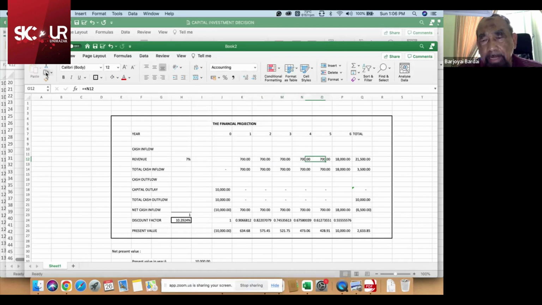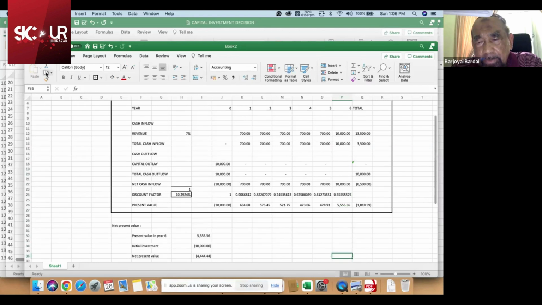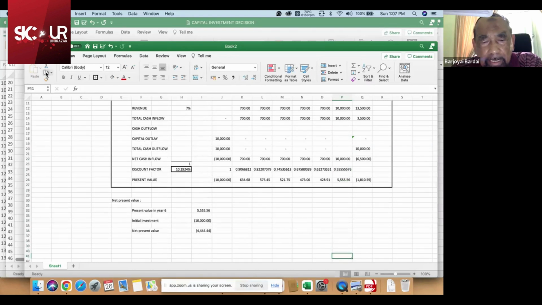But then the value that you get at the end is just 10,000. So then you see here that the net present value is negative. At 7% is negative because you are getting back only 10,000 at the end of 10 years. That is the face value. Any comment or question?